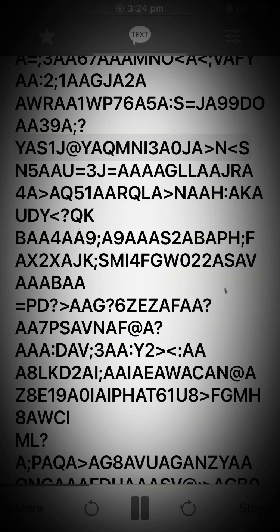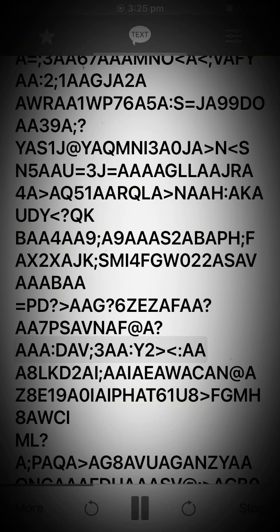N. S. N5 AAU equals 3J equals Aglajara 4 a. AK 51 Arkla. Na. Accordi. QK. BAA 4 AA9. A 9 Rs 2 Abaf. Fax 2 Zajk. SME 4 FGW022 Asavaba. Equals PD. AAG. 6 Zezafa. AA7 Savnafata.